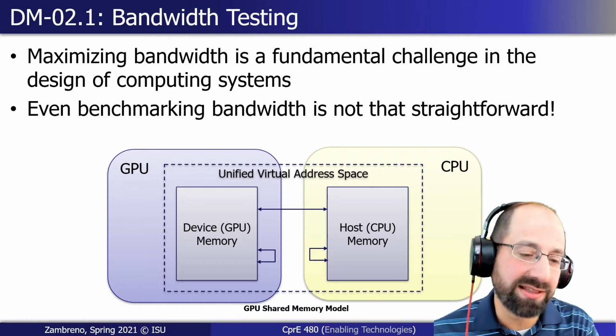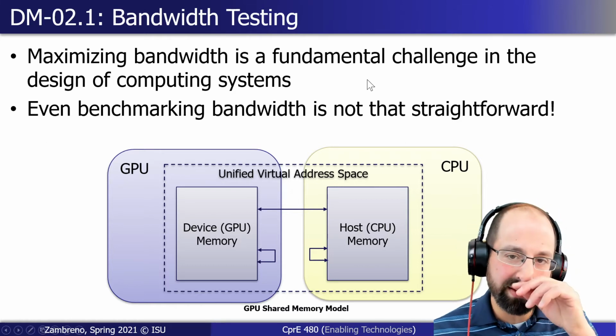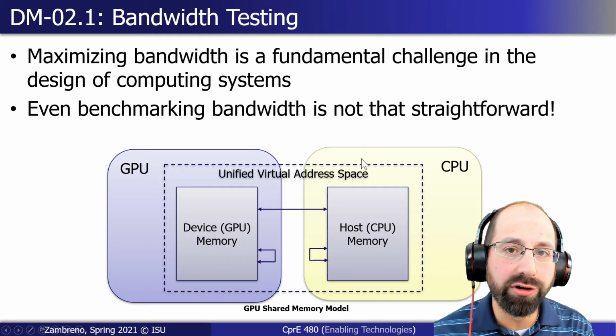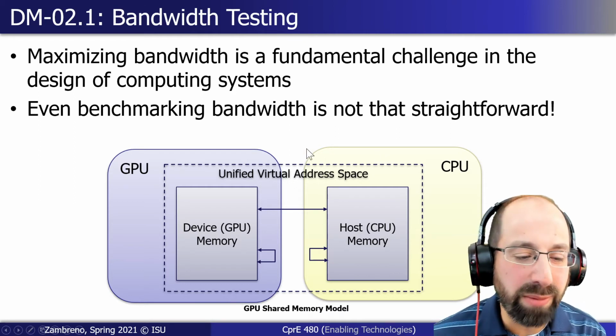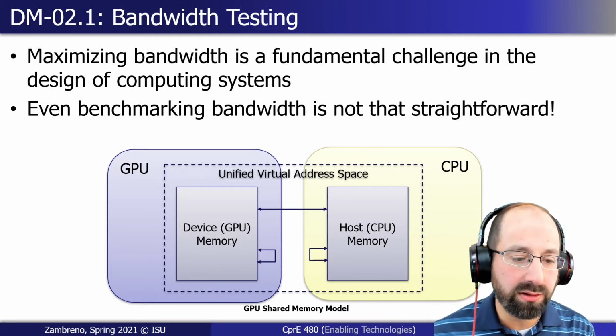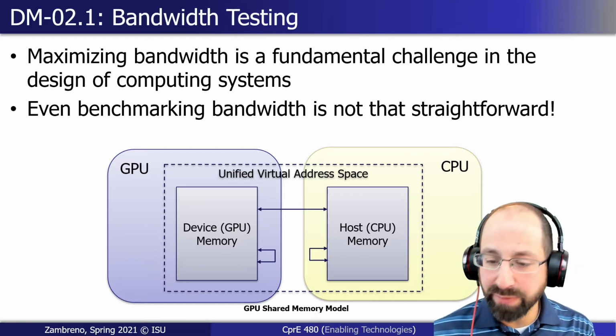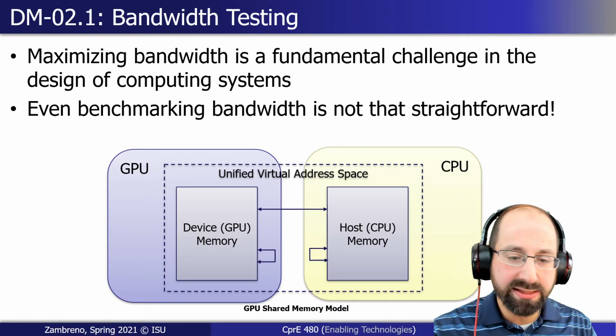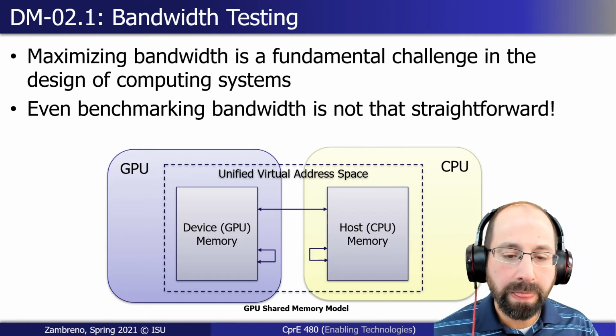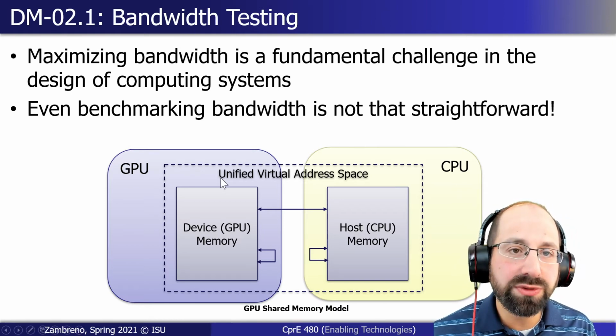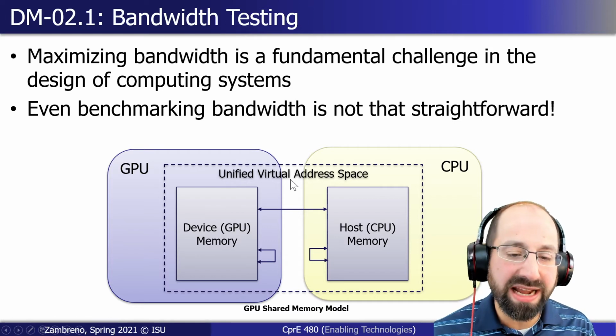Actually, testing bandwidth is a little tricky. This is my very high level diagram of the different types of memory interconnects you have in a typical modern day GPU based system. As I've mentioned before, we always have that CPU in the system somewhere. And nowadays, with systems, you do get effectively a unified address space.